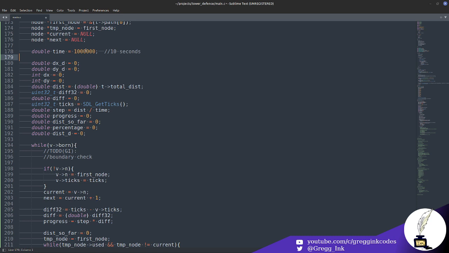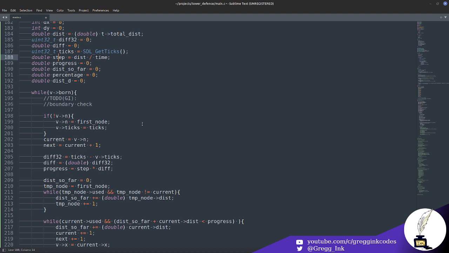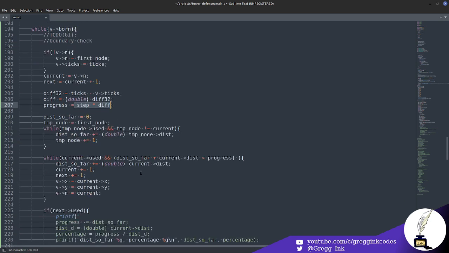Okay, so if it's like a million ticks, then it's 1 millionth of a step, or 1 millionth of the distance. And then now, how many ticks have actually elapsed times that step?